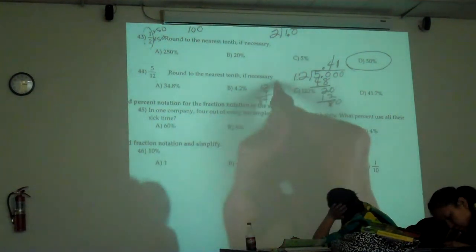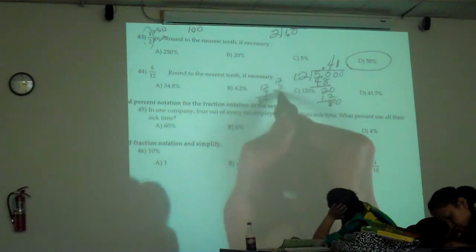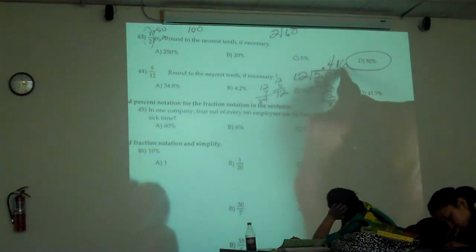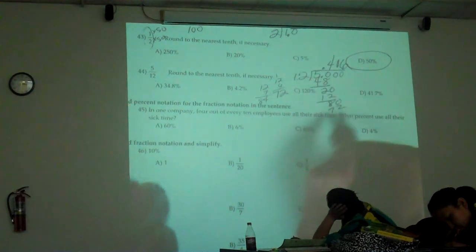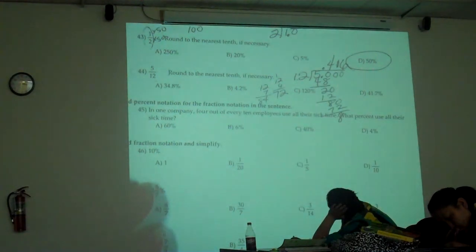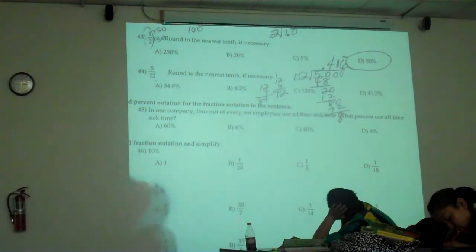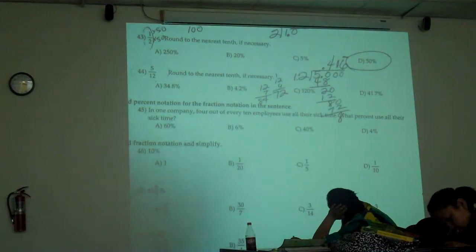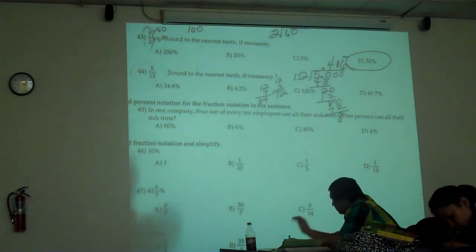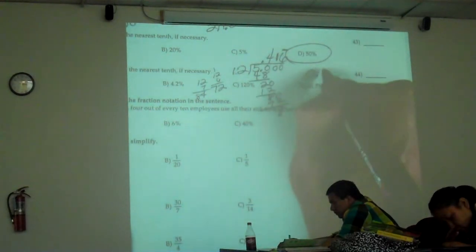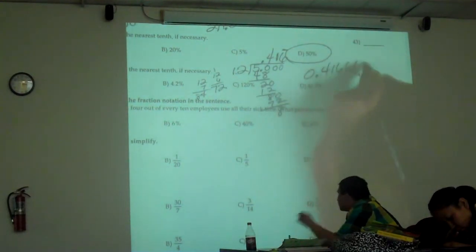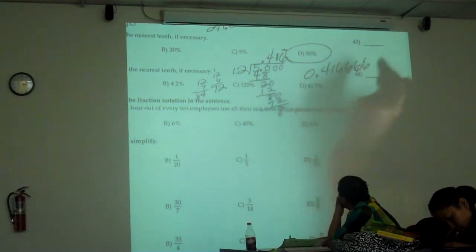So 6. 12 times 6, 72, right? 6 times 12, 72, and there's an 8. So it's going to keep going 6 again, right? Okay, it's still a decimal. It's not the percent yet. 0.416 repeating, and we won't only write 3 of them.